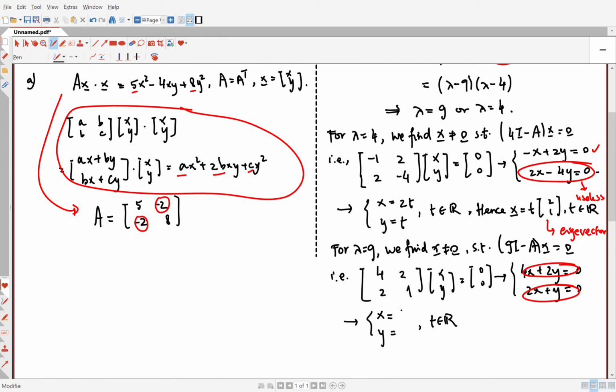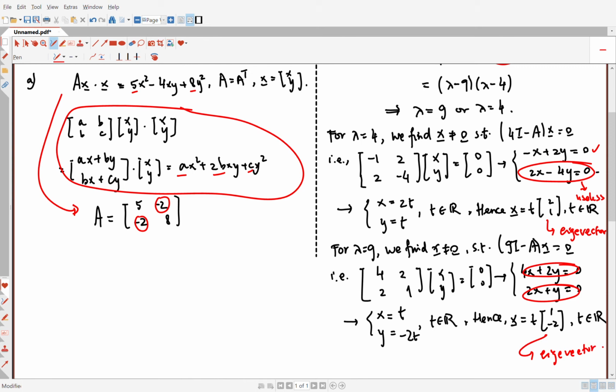If I let my x be t, then my y is just minus 2t, right? So hence x is just t times (1, minus 2), and I can pick this as our eigenvector.